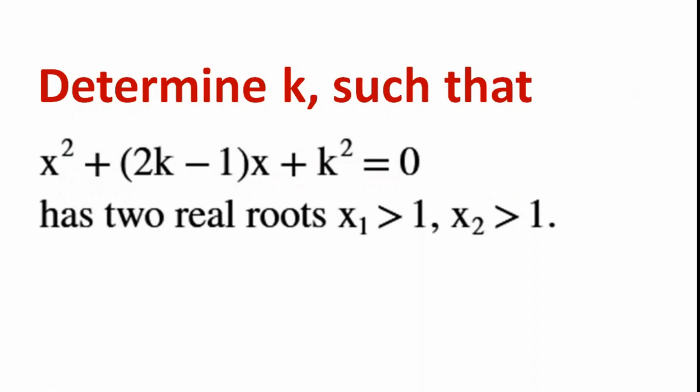Determine k such that x squared plus (2k minus 1)x plus k squared equals 0 has two real roots x1, x2 greater than 1.